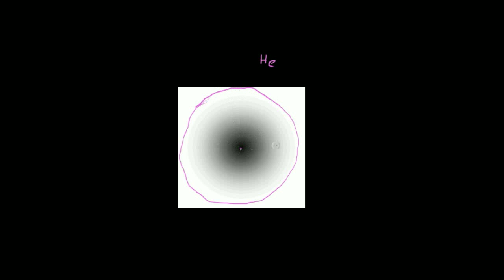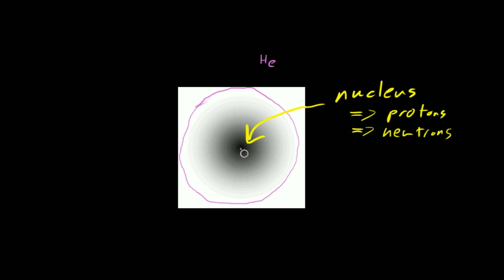This nucleus, in purple right here, is where the protons and the neutrons of the atom are. And then this haze: we're saying that this is a helium atom, and in a helium atom we have 2 electrons. This whole haze is going to be those 2 electrons.